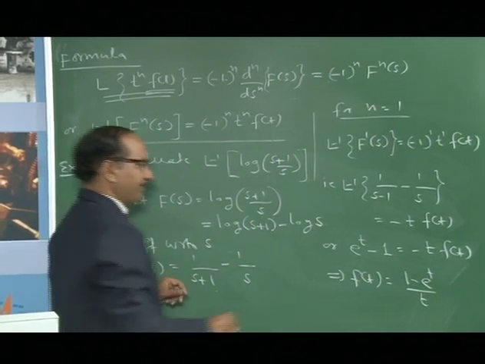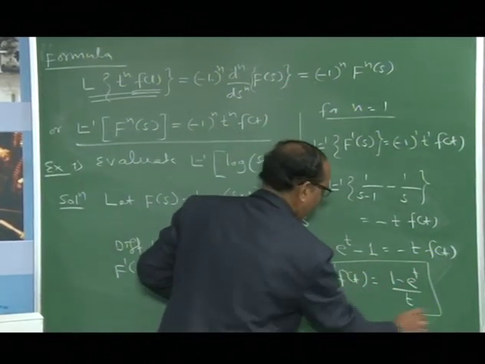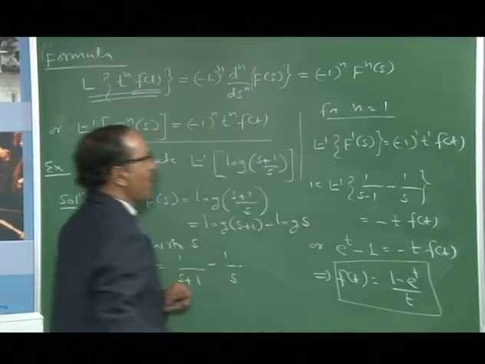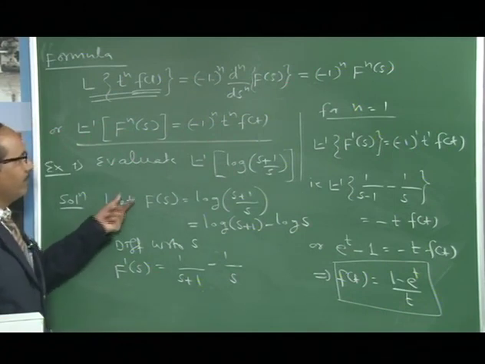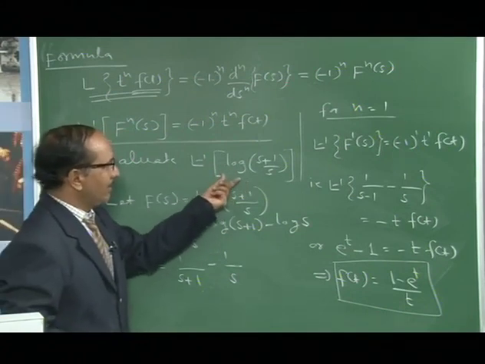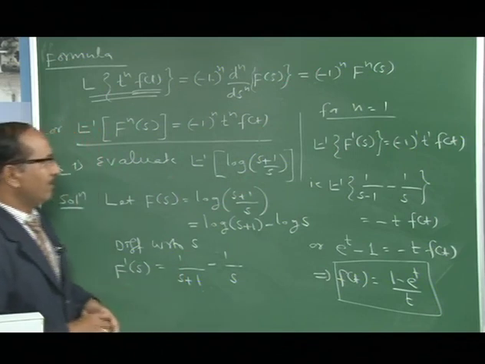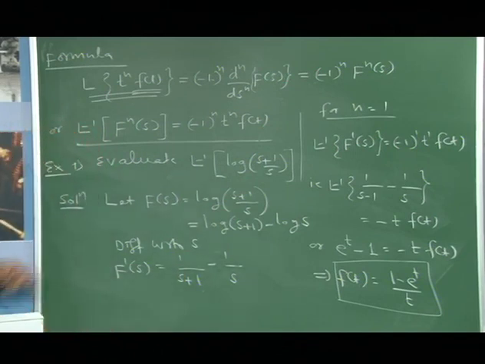So, that is the inverse of the given problem. The given problem is L inverse of log of (s plus 1) divided by s. So, using this formula, f of t value is obtained.